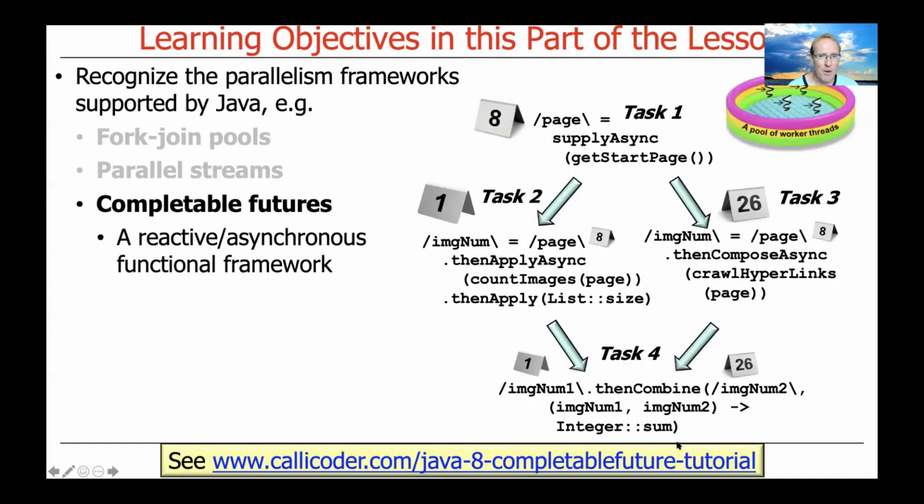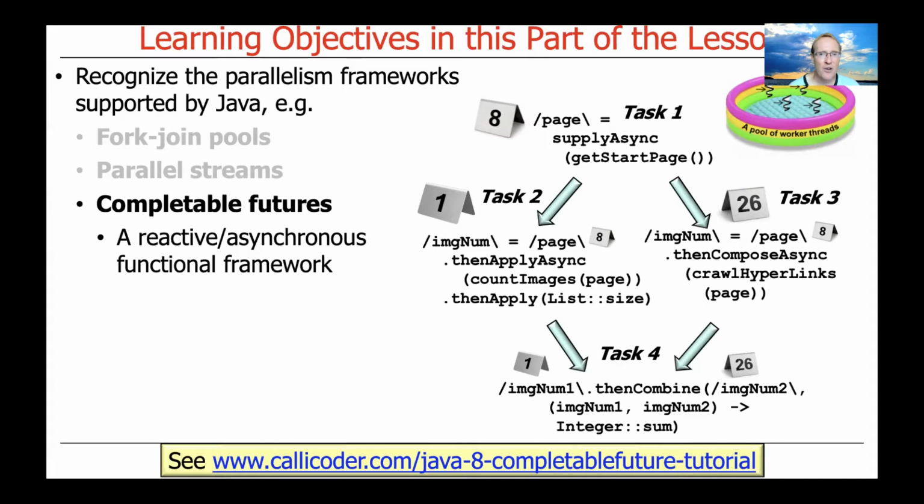A more interesting framework is called completable futures, and the completable futures framework is a so-called reactive asynchronous functional framework. And this framework is just absolutely the coolest thing. We're going to spend quite a bit of time talking about this later in the semester. You'll get a chance to play around with this and other stuff like parallel streams in the programming assignments. But basically what you can do is you can create asynchronous tasks that perform computations, and while the computations are running in the background, they give you back something called a future or a completable future.